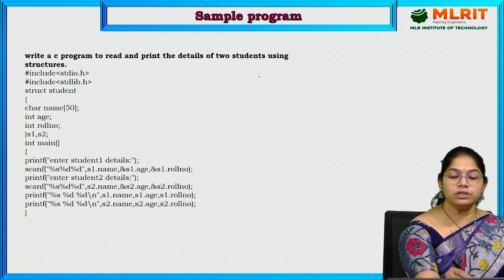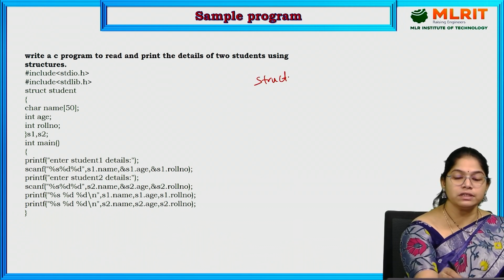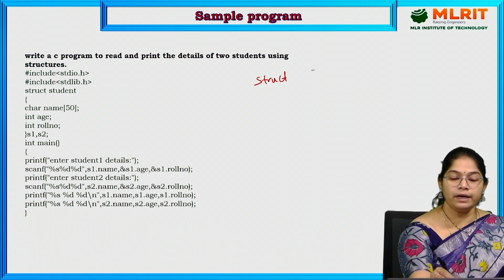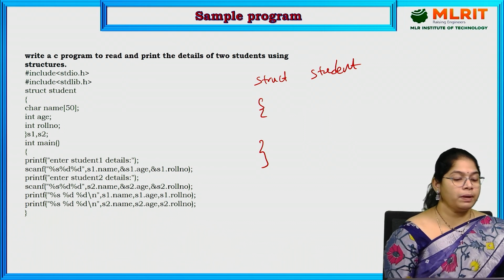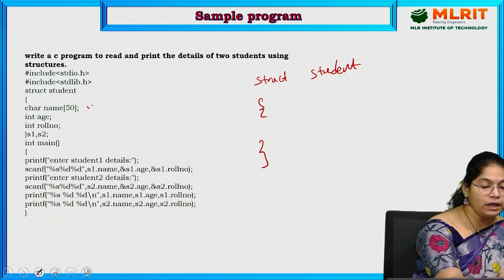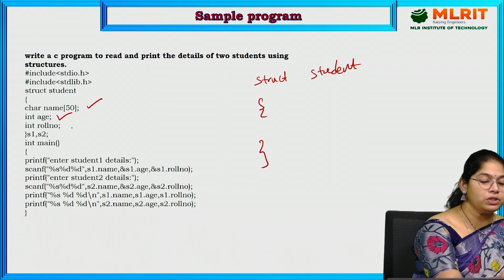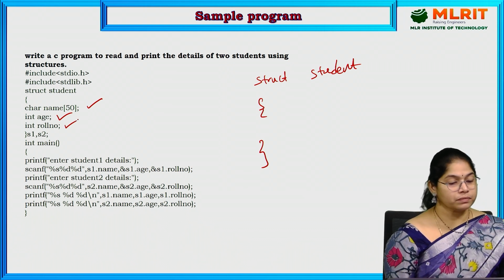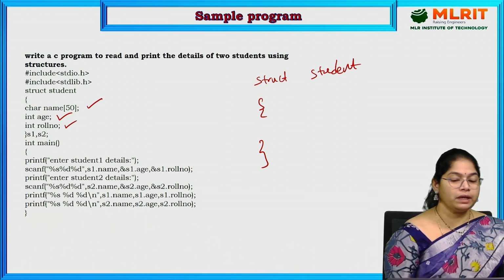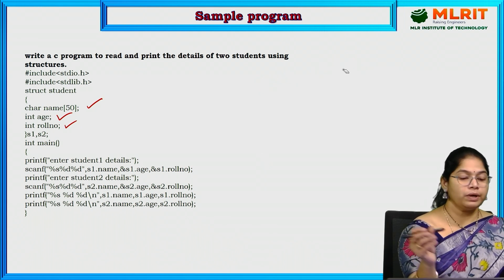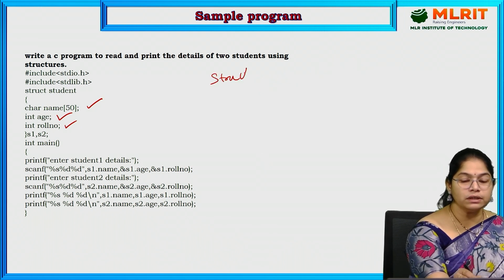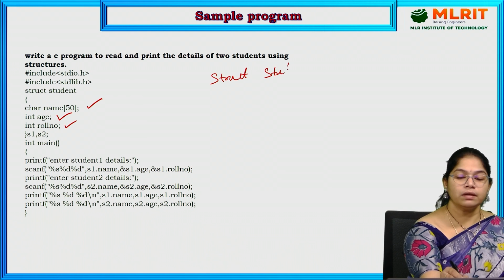To write a structure, we have to use the keyword struct, then the student name. Here we'll write members of the structure. Here I consider the name of the student, then age, roll number. Roll number is of type integer. So here I consider one more example. To write a structure, we need the struct keyword, then student.